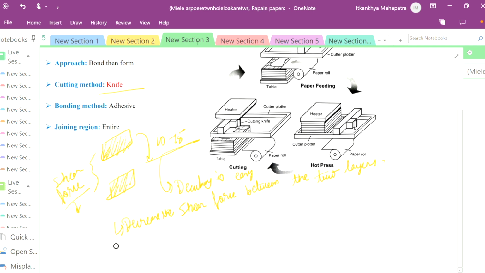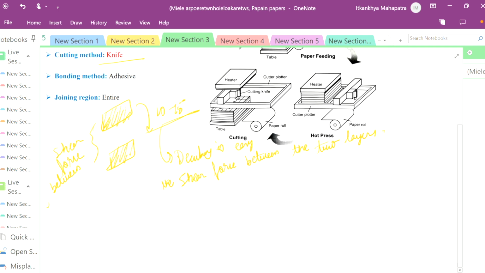When shear force is there between two adjacent layers, one layer will try to slip, and if some slippage is there, the accuracy of the final product will be different, and the strength will also be different.